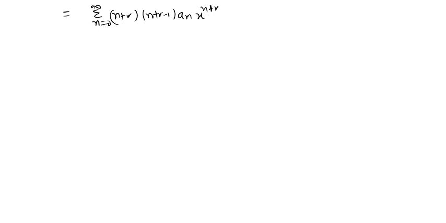So I am adjusting x square here. Second term is xy prime, so n equal to 0 to infinity, (n plus r) a_n x power n plus r, and last term is x square y, so summation 0 to infinity a_n x power n plus r plus 2.